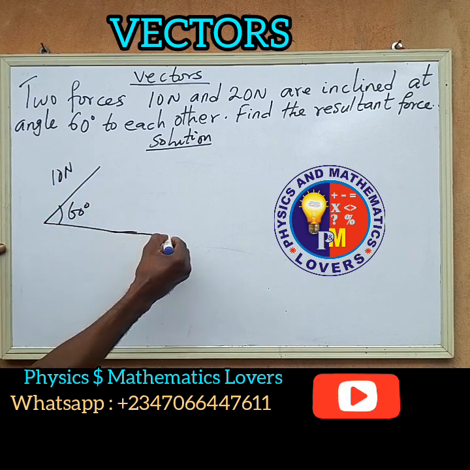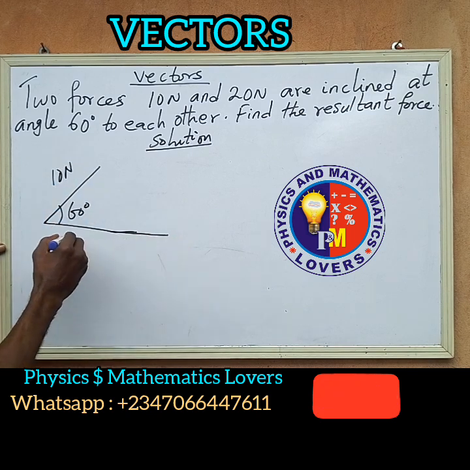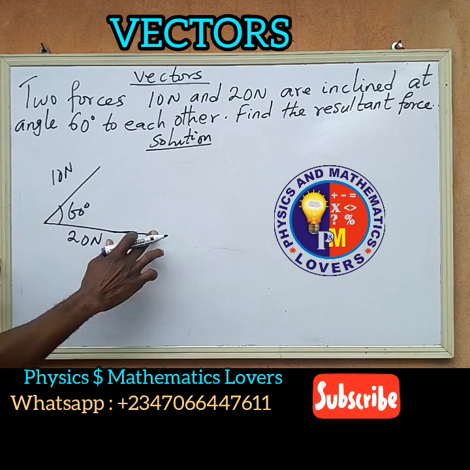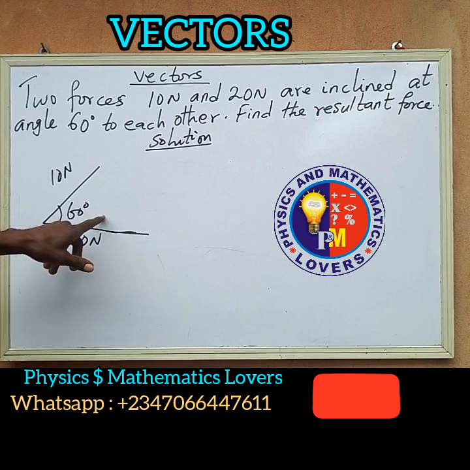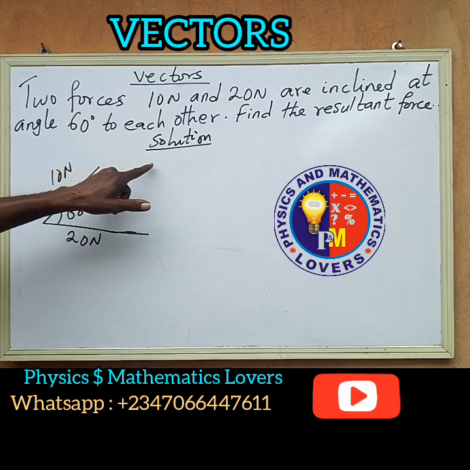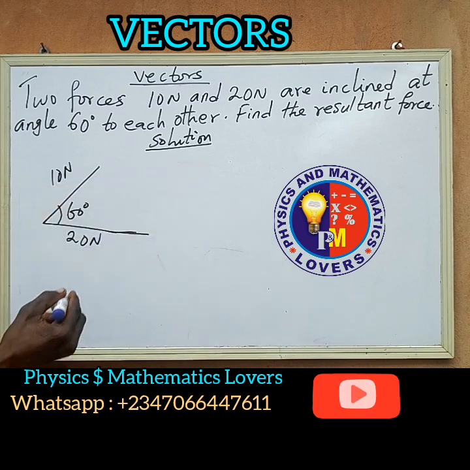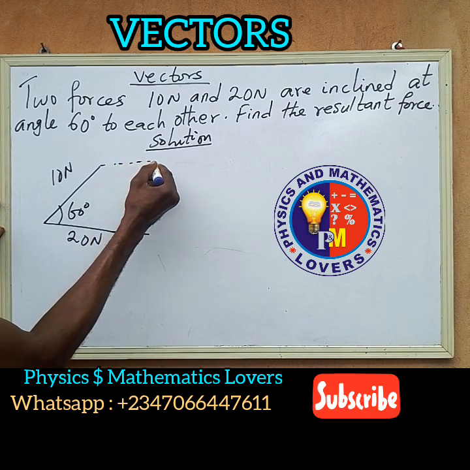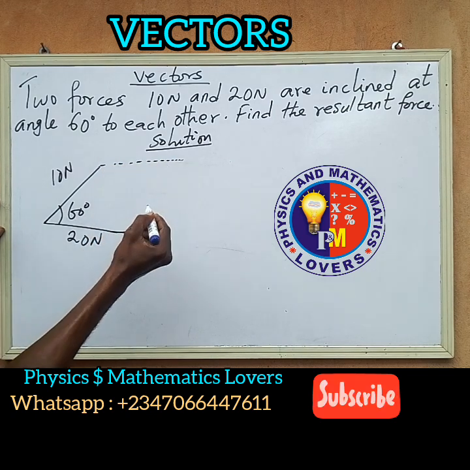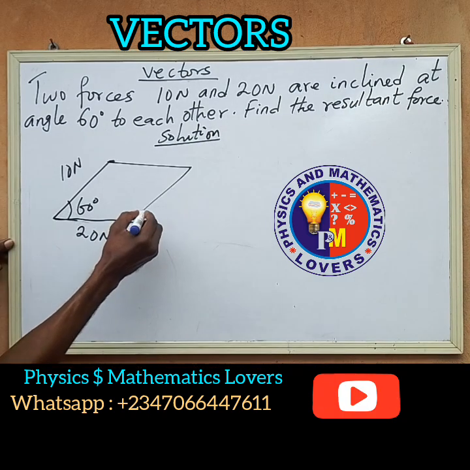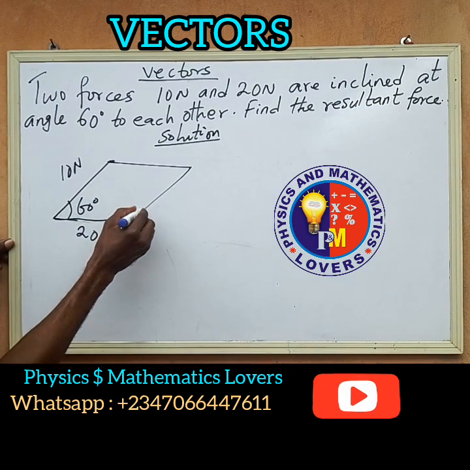Let's assume this one here is the 20 Newton, and you can see that this has an angle 60 degrees. Now let us trace this parallelogram. Let us complete the parallelogram. If I decide to trace it like this, then that is what we have in a parallelogram here.